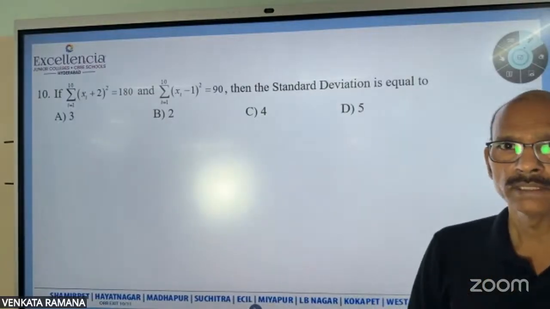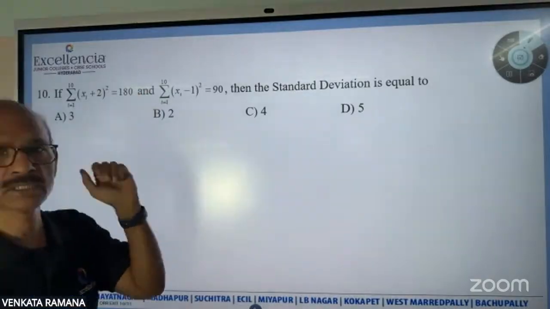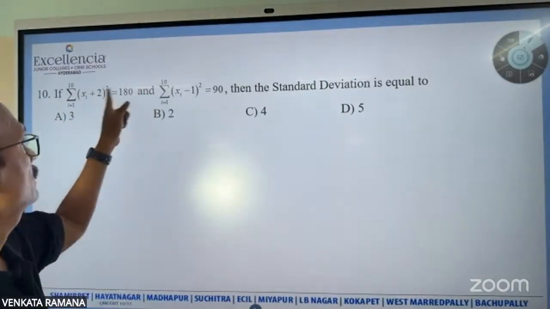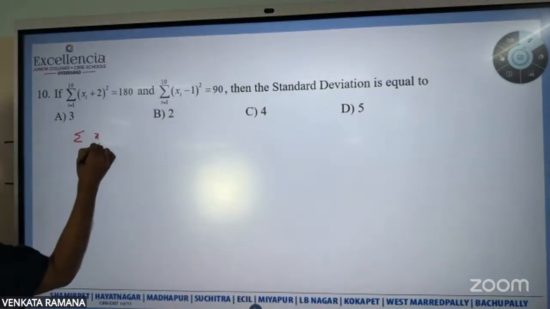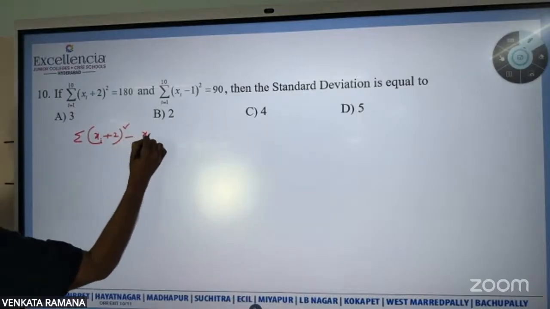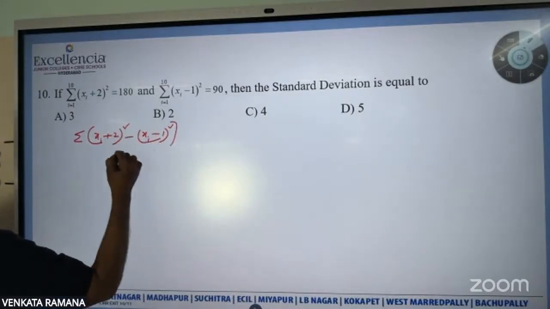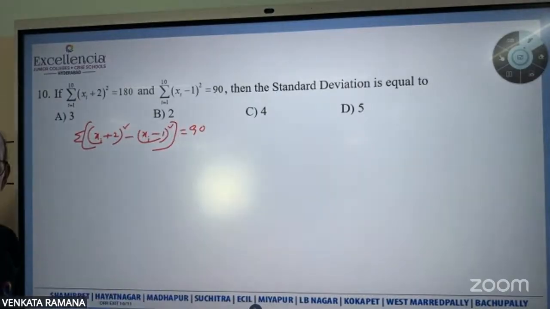Now see, students, my process is just to subtract these two equations. So subtract these two equations. That means sigma of (xi plus 2) whole square minus (xi minus 1) whole square is equal to 180 minus 90, which will be 90 only. Just I'm subtracting.